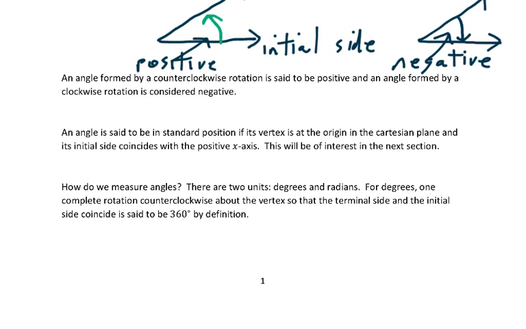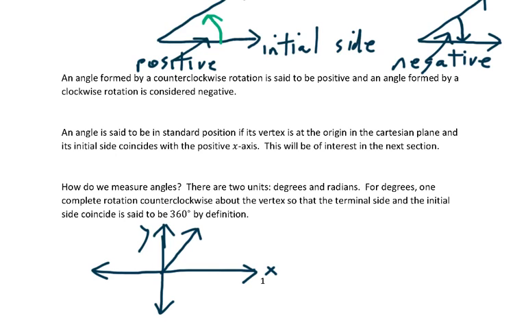Also, we have this notion of an angle being in standard position. Let me draw it down here because I didn't leave enough room above. In standard position, that's just when we take the vertex to lie on the origin, and the initial side coincides with the positive x-axis. So basically, you can have something like this. So here's the x and y axis. This kind of angle is in standard position.